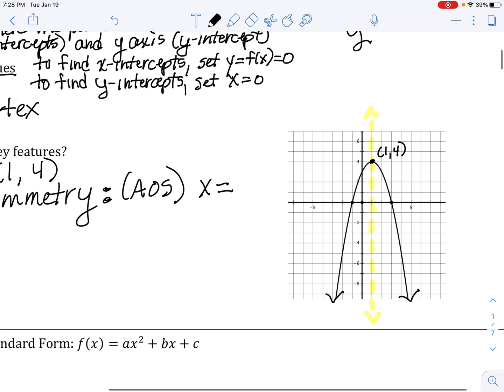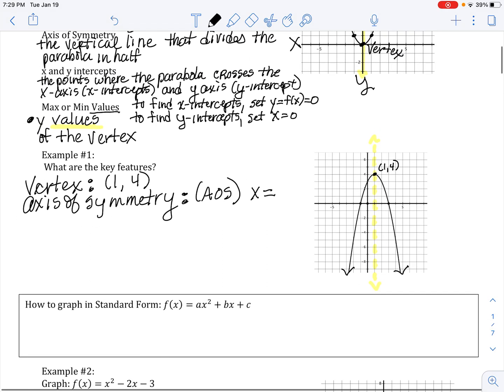That vertical line goes through all of the x values that are 1. So 1, 0, 1, 1, 1, 2, 1, 3, 1, 4, 1, -1. And so the name of that vertical line is x equals 1. So x equals 1. That is our second key feature. Vertex, axis of symmetry. Okay, let's do the x-intercepts.